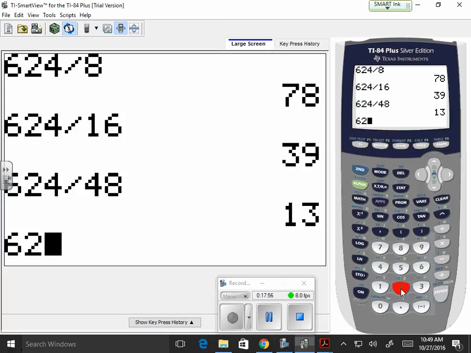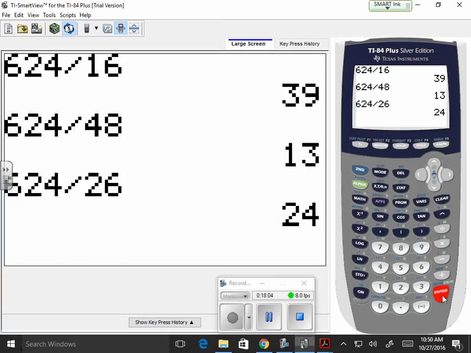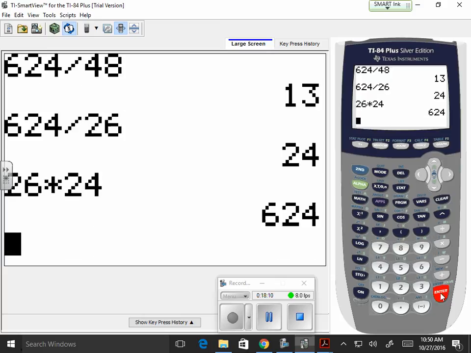What about 624 divided by 26? There we go. 26 times 24 equals 624. And 26 and 24 are 2 apart.